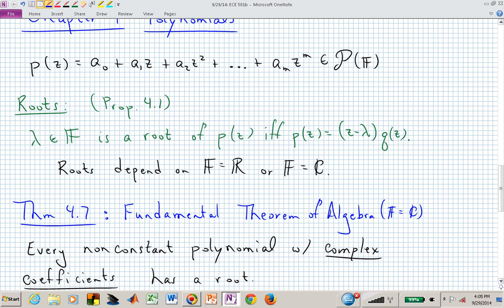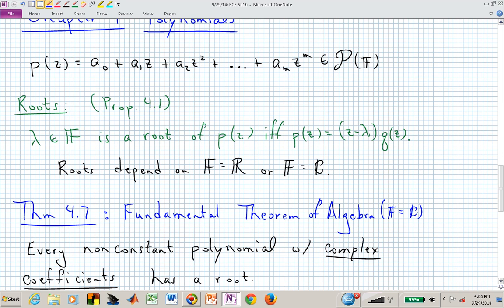In terms of roots, those roots really depend on the field over which we allow our scalars to live within. And F, again, in this class for now will be the real numbers or the complex numbers. Lambda in a field, R or C, is a root of a polynomial p if and only if you can factor out that linear factor z minus lambda.